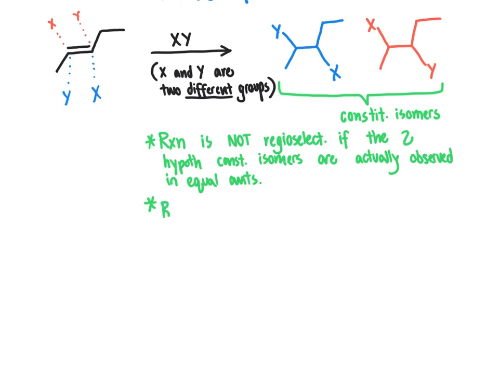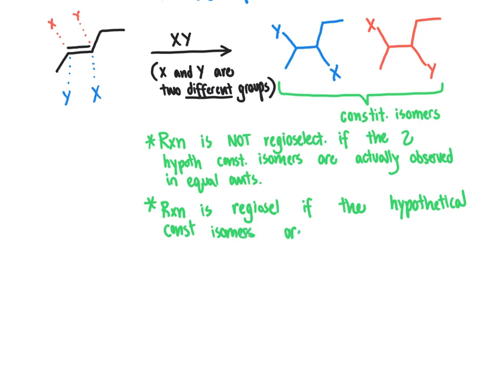So I'm going to go ahead and write that out: the reaction is regioselective if the two hypothetical constitutional isomers are not observed in equal amounts in the actual product mixture.